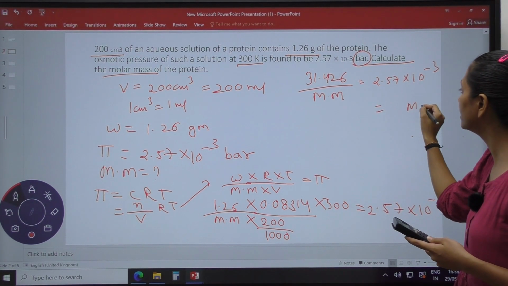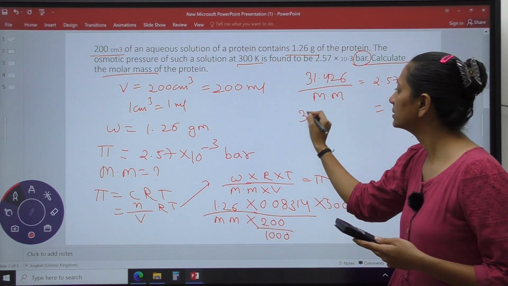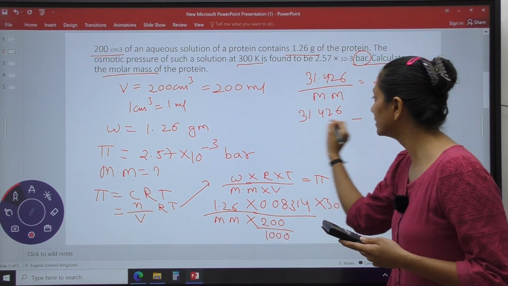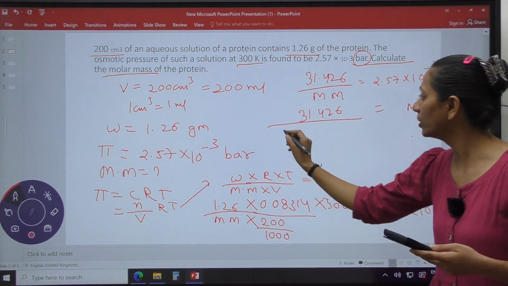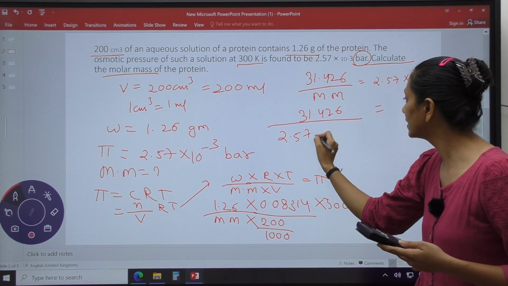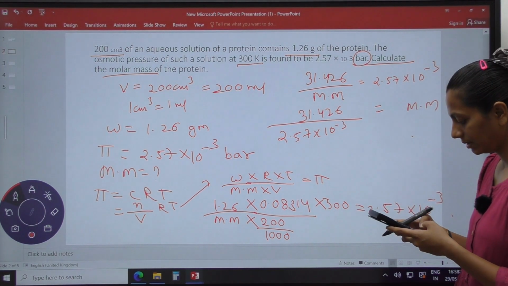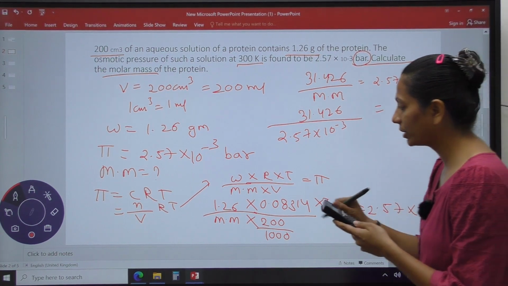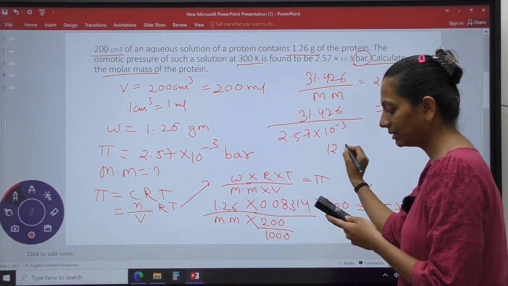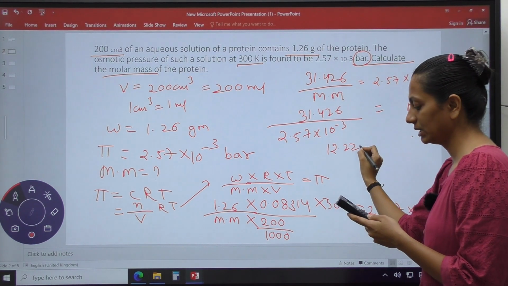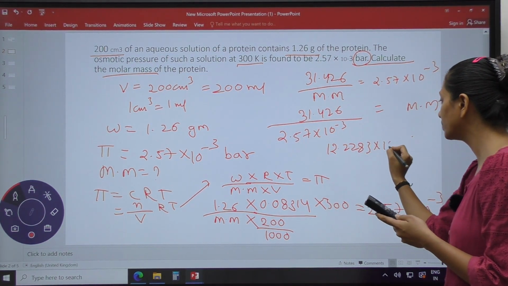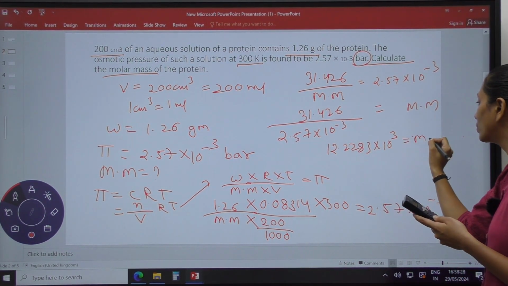So MM will be 31.426 divided by pi, 2.57 10 raised to power minus 3. Dividing this by 2.57, I get 112.2283 into 10 raised to power plus 3, which is equal to the molar mass.